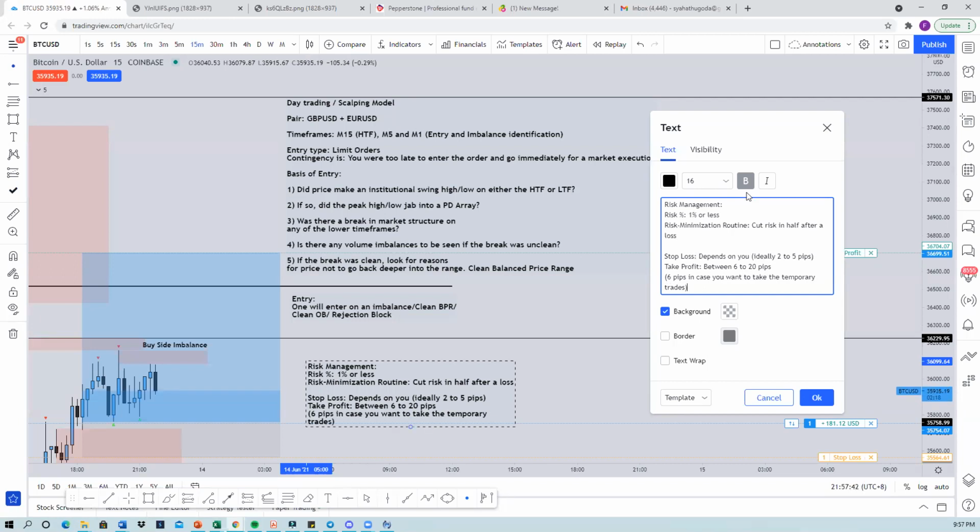Six pips in case you want to take the temporary, the pullback trades.